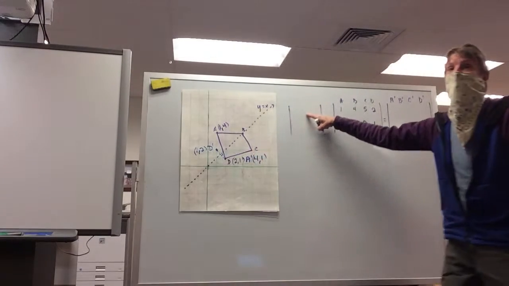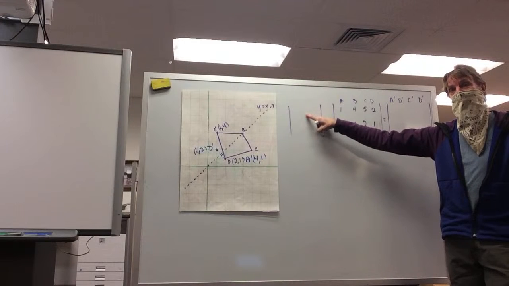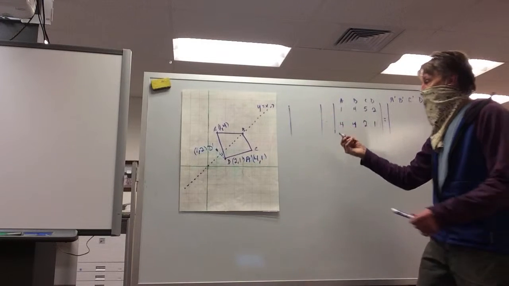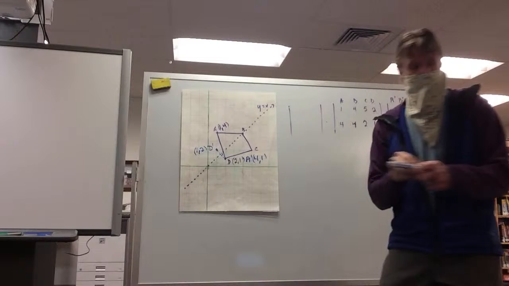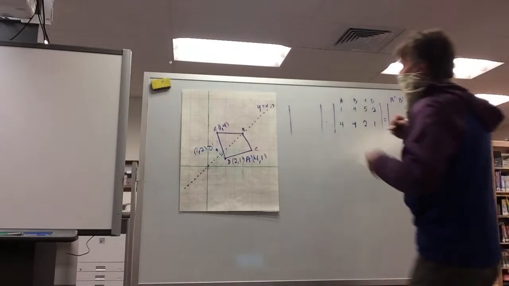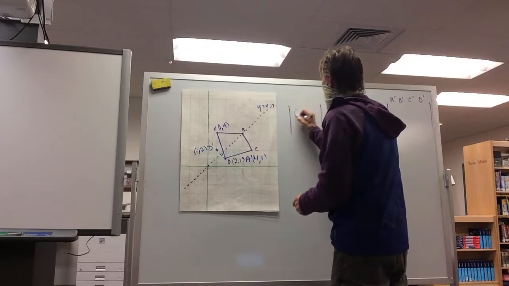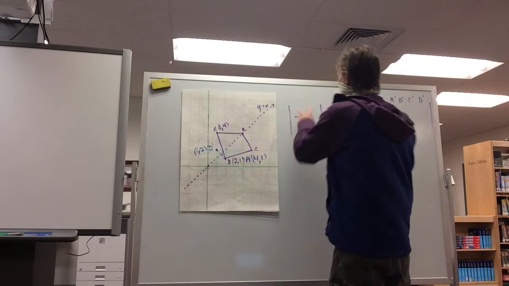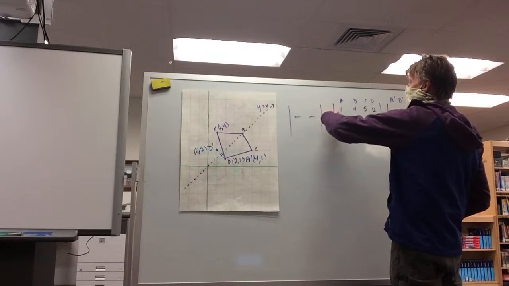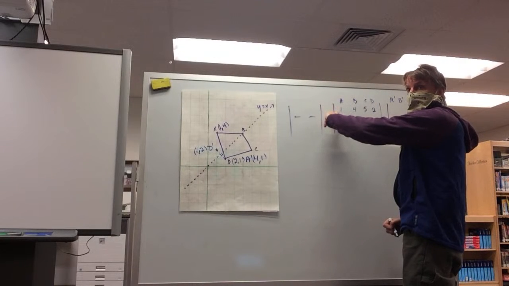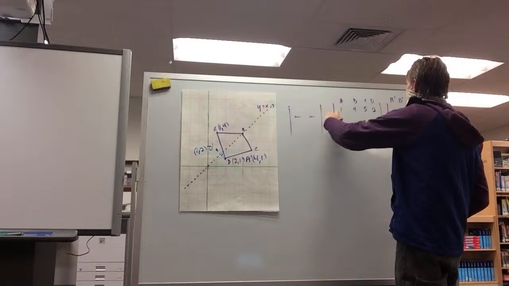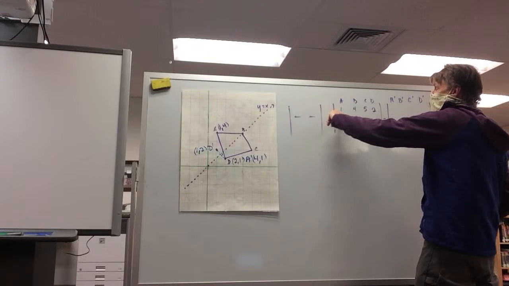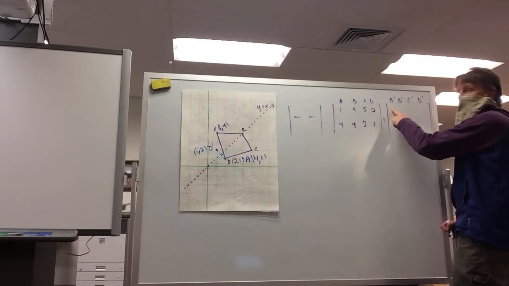So look at this matrix here. This row right here, these two values here are going to get multiplied by this. And then they're going to get added together to equal this.